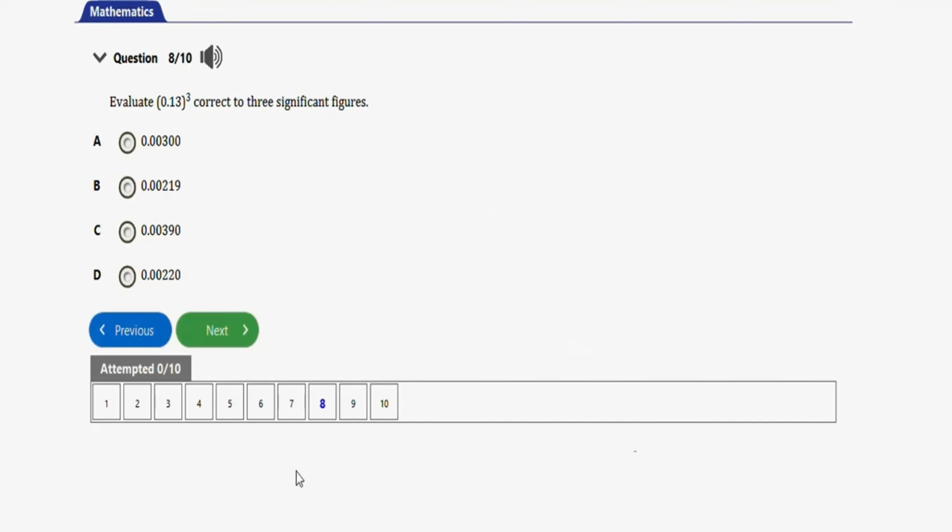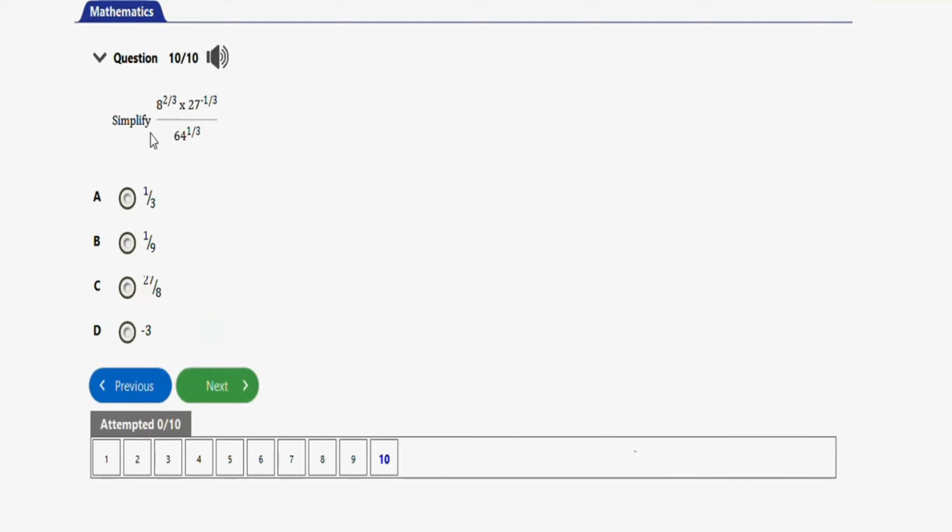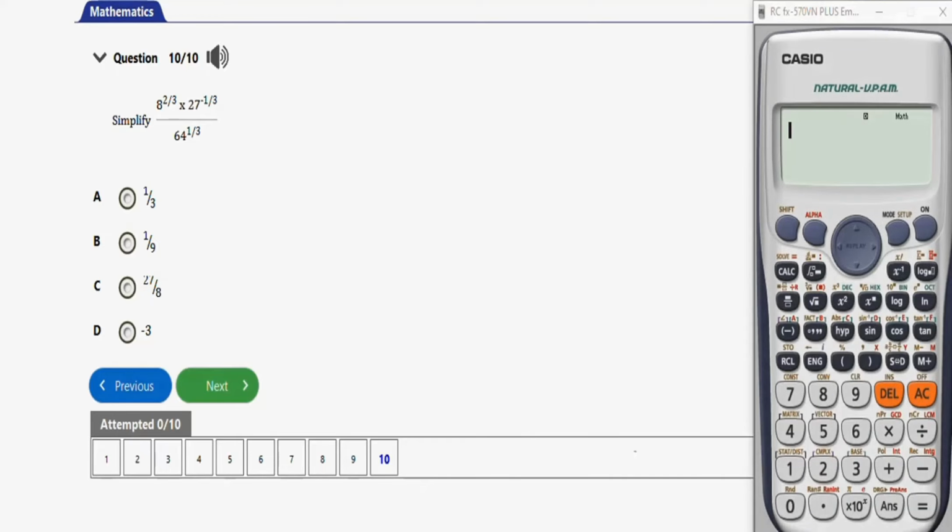Okay, so the last question will be this one. It says simplify this. So you can solve this on the calculator. Let's bring a calculator. Okay, so this is a calculator. Let's punch it.